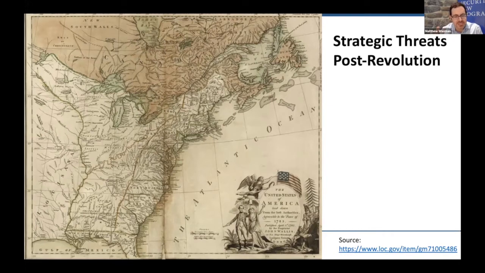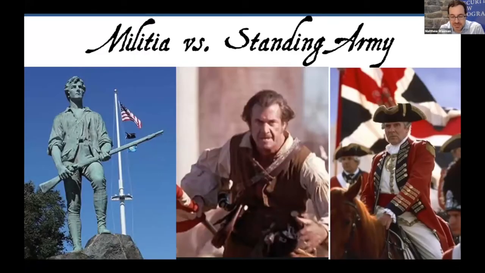And by the way, I should say as a caveat, in describing those threats, the Native American Indians were somewhere in between an external threat and an internal threat, because of the position they occupied within the borders of American territory, but not yet brought within the new structures of the United States.